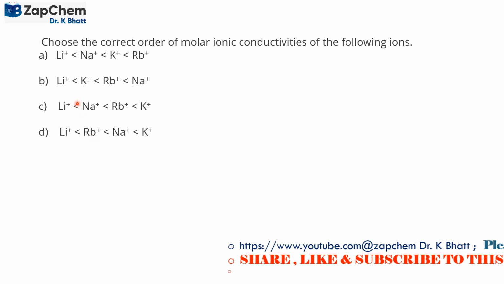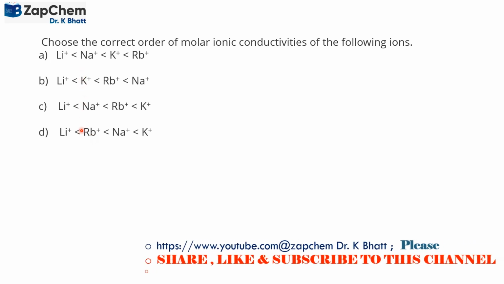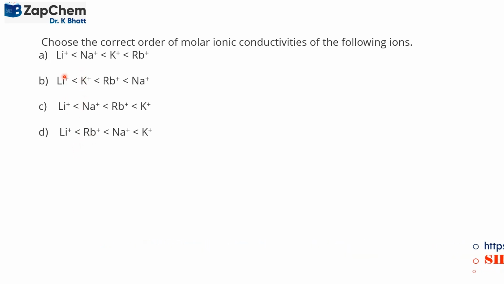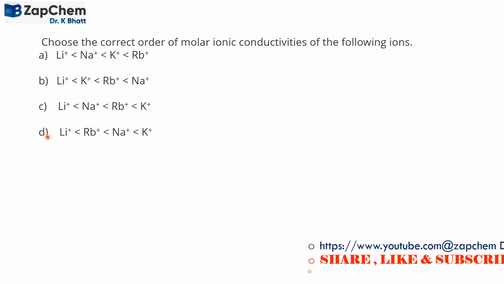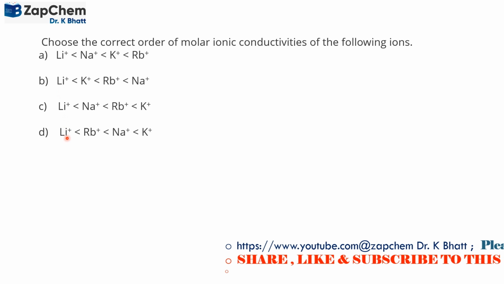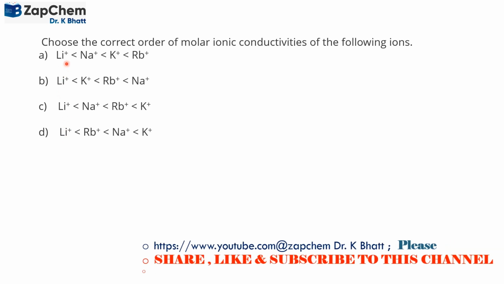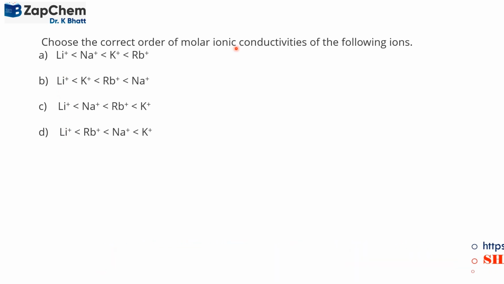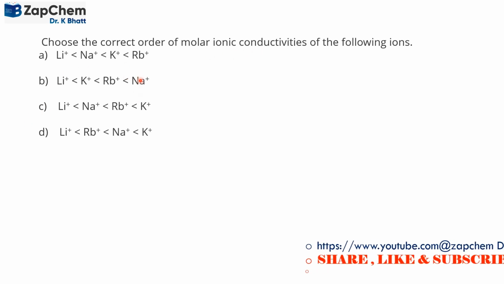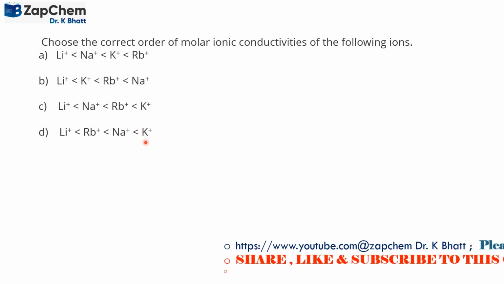And we have to pay a little attention to the options given over here. We find that in each of options A, B, C, and D, it is provided that lithium has the minimum ionic conductivity, whereas other ions might have higher ionic conductivity.